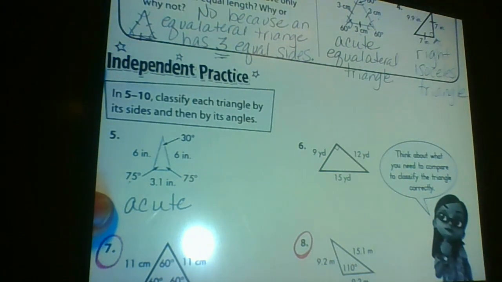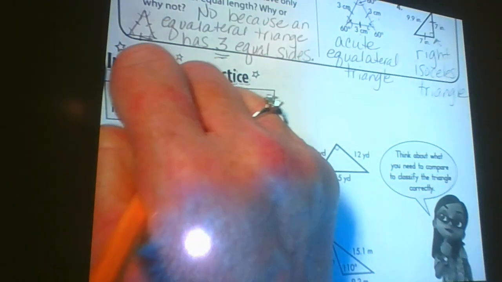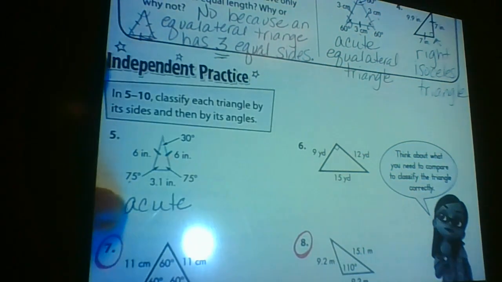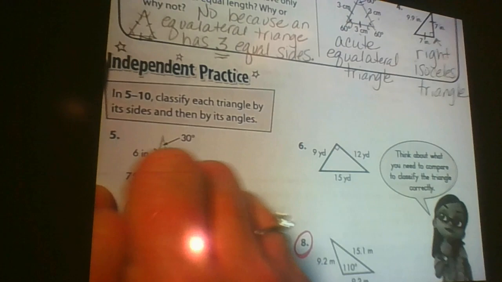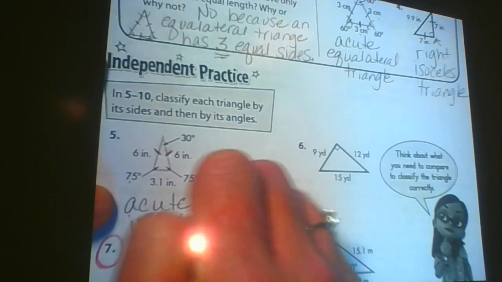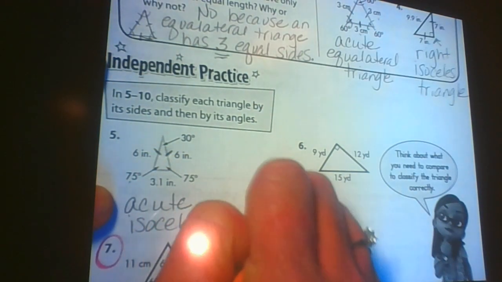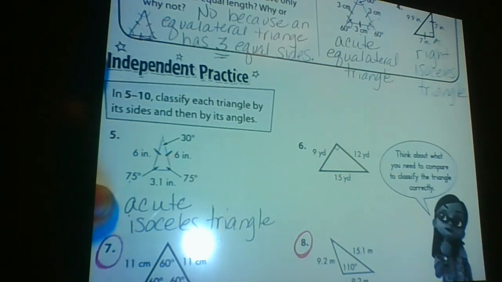I said 6 inches twice, didn't I? That means I have 2 congruent or equal sides. And I know that the name of the triangle with 2 congruent sides is isosceles. So this is an acute isosceles triangle.